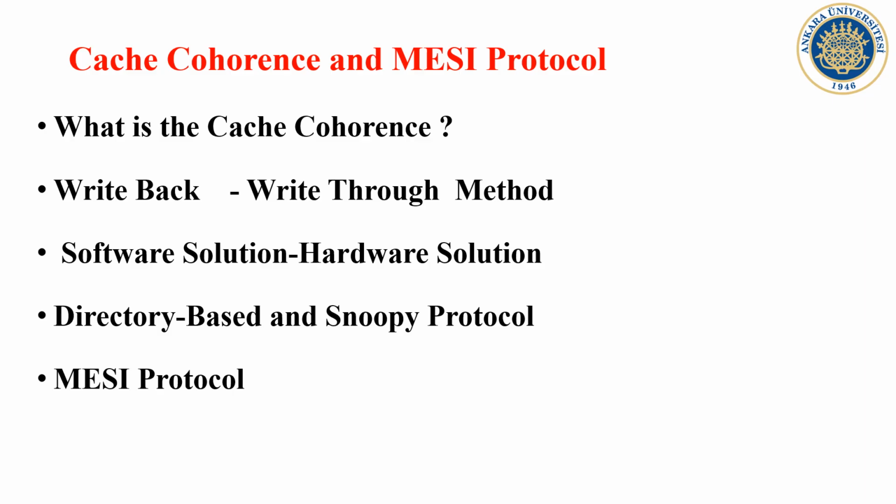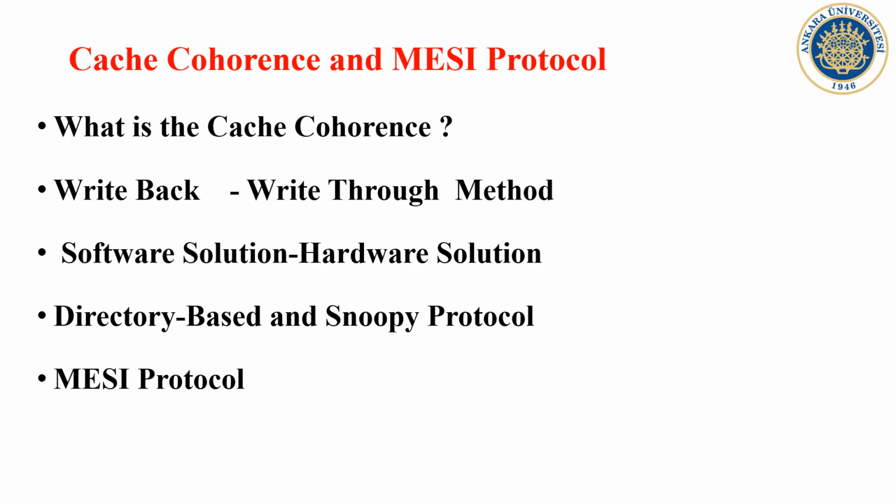In the write-through policy, write operations update both the cache and main memory at the same time. This approach is safer but slower due to increased memory traffic. Even with write-through, coherence problems can still occur if other caches holding the same data are not properly updated. Cache coherence solutions can be divided into two categories, software and hardware.